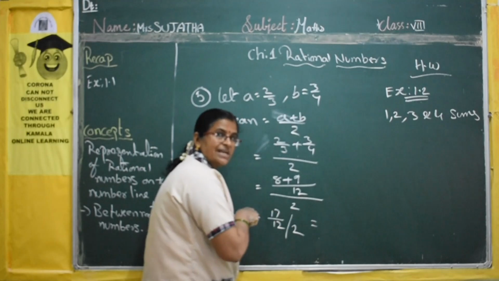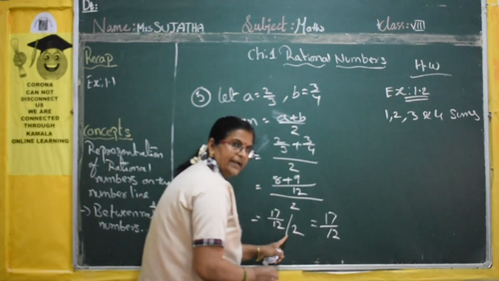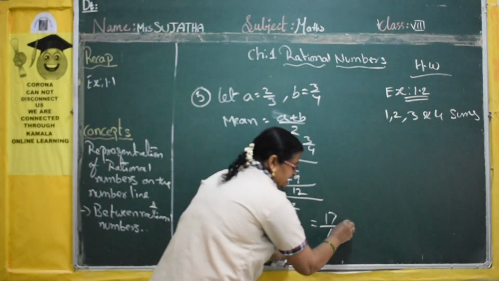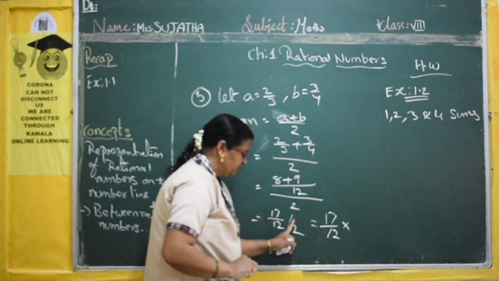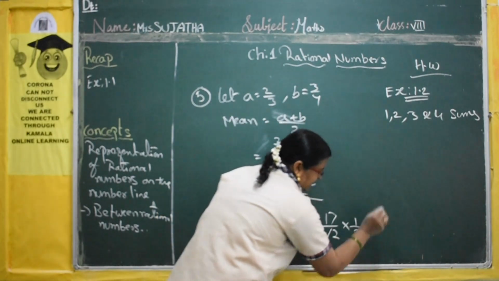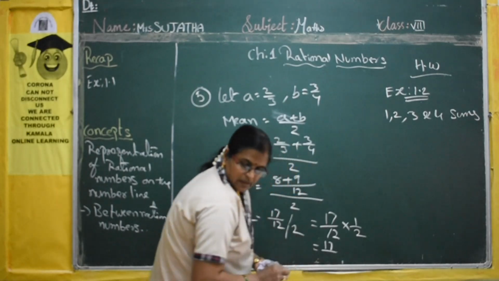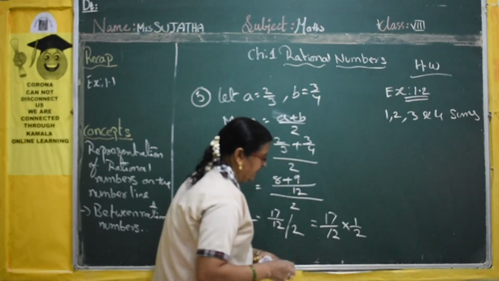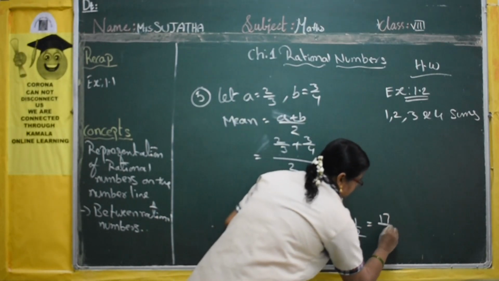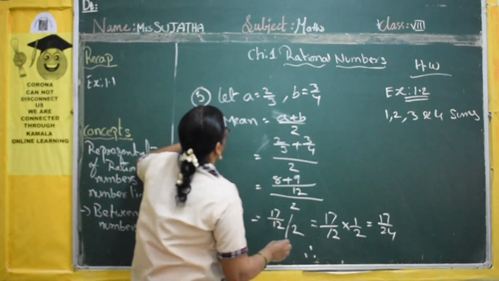I said how you can change the division into multiplication: 17 by 12 divided by 2. Division we change into multiplication by taking the reciprocal of the divisor, this 2. So the reciprocal is 1 by 2. That is 17 by 24. 17 by 24 is the rational number in between.